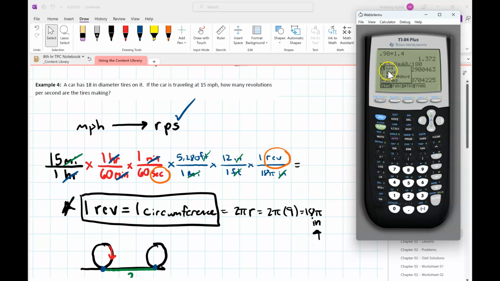So I'm going to do alpha y equals and pick that first option. In the numerator, I have 15 times 1 times 1 times 5,280 times 12 times 1. I'm not going to bother with any of the ones because when I multiply by 1, it doesn't really do anything. And then the denominator, I have 1 times 60 times 60 times 1 times 1 times 18 pi. Again, I'm not going to bother with any of the ones.